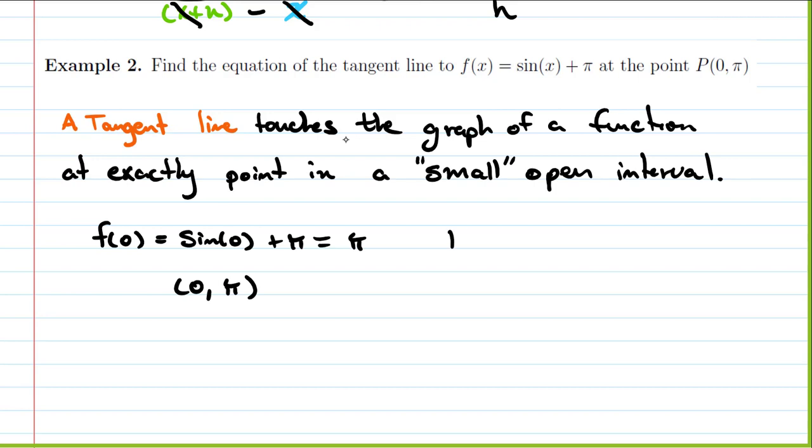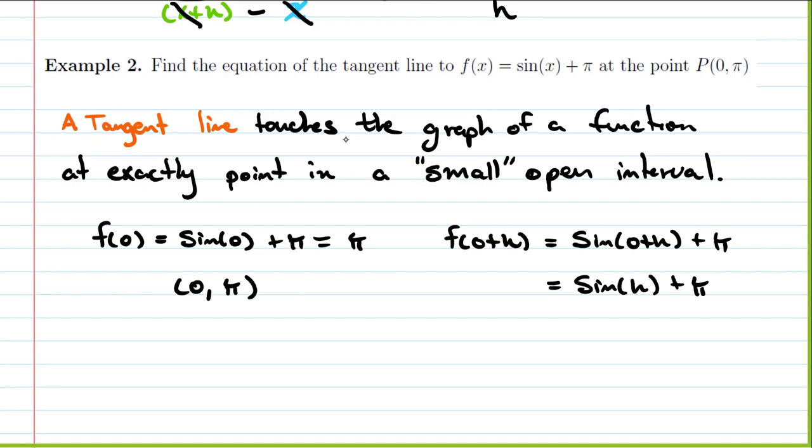We're going to have f of 0 plus h, which would be the sine of 0 plus h plus pi, so that's sine of h plus pi. That would be the ordered pair: 0 plus h is just h, comma, sine of h plus pi.